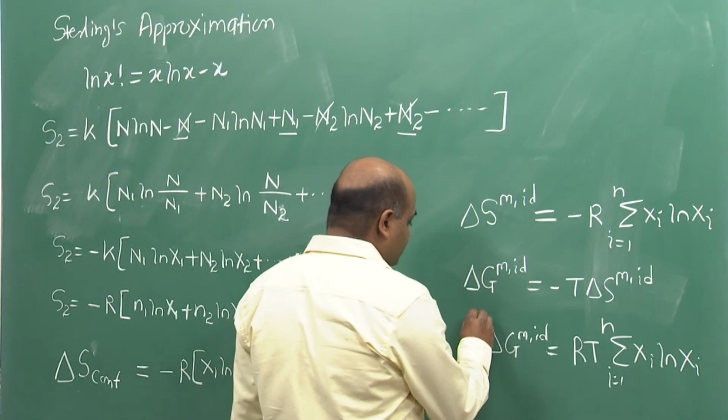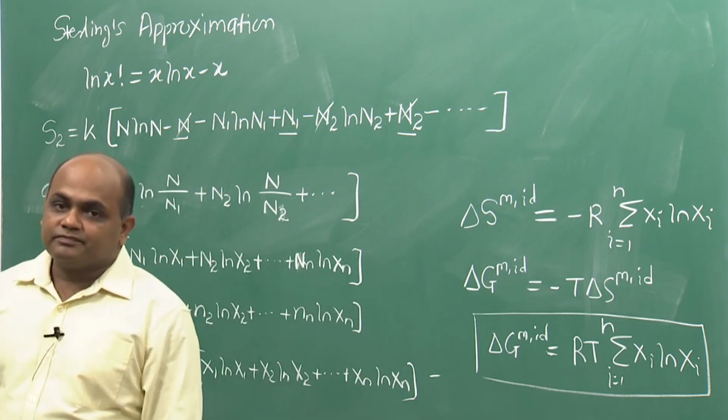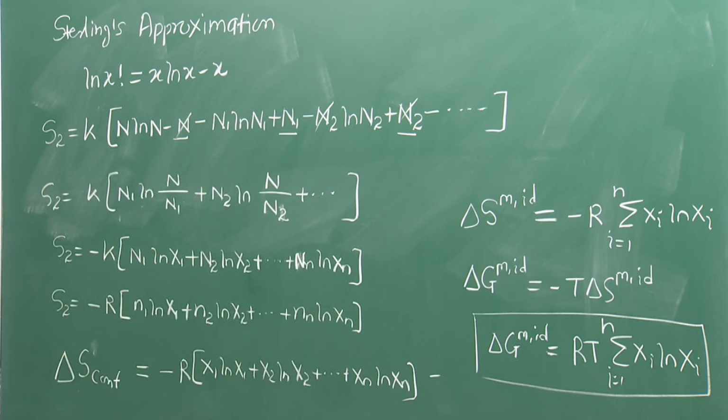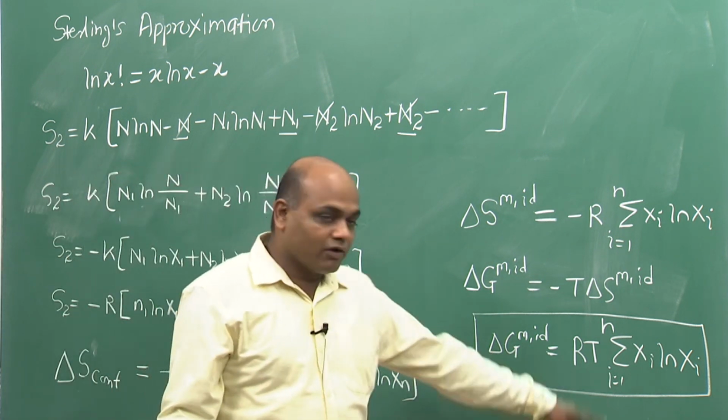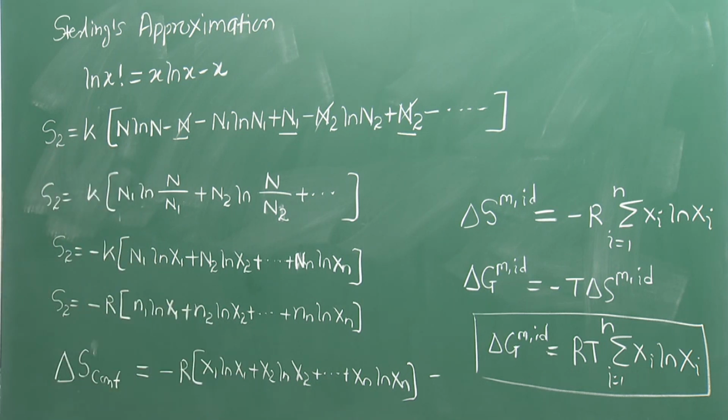So, this is the expression we got for the Gibbs free energy of mixing for an ideal solution. If you remember, we also derived an expression for Gibbs free energy of mixing for ideal gases, and they come out to be the same, right.